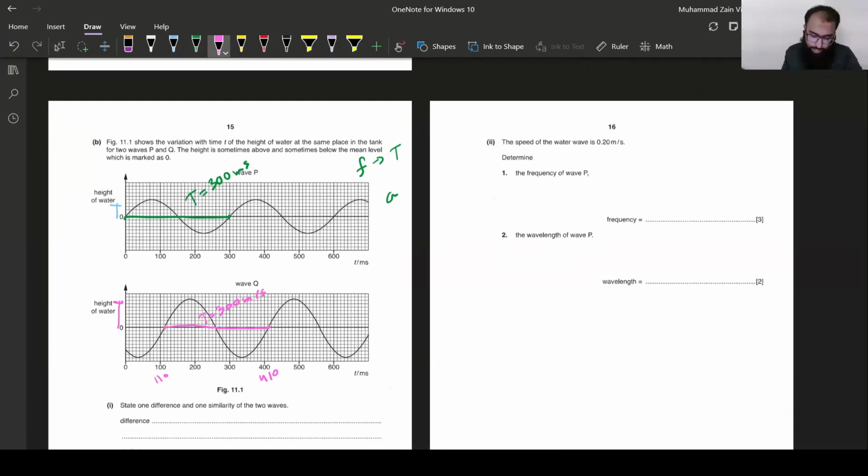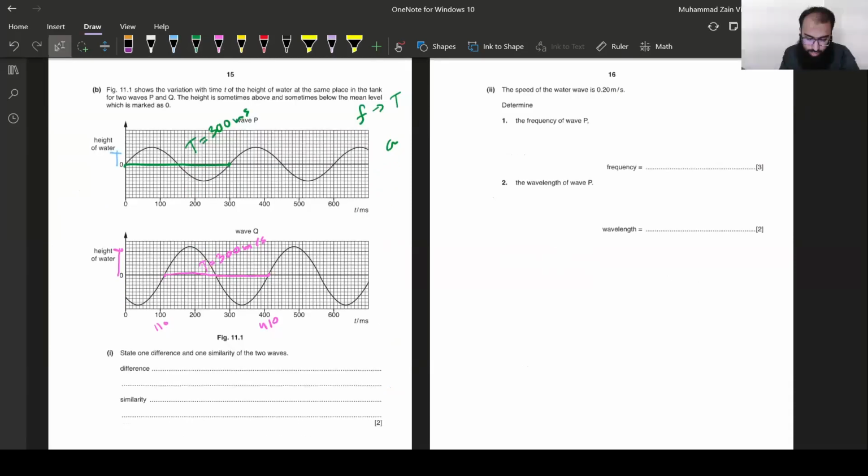A difference would be that they have different amplitudes, and a similarity would be that they have the same time period. The difference is only supposed to be in three ways: it should either be in terms of frequency, wavelength, or amplitude. So I can't say they have the same time period. Rather, I'm supposed to say that they have the same frequency. So that's how you answer this.